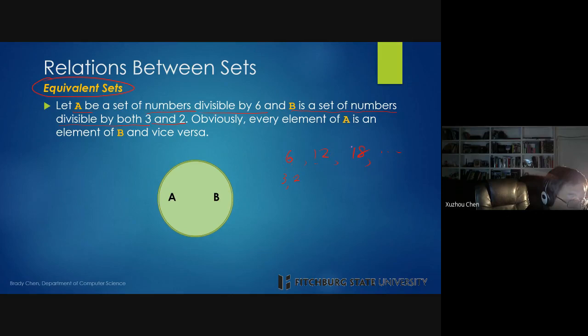Each number divisible by 6 is divisible by both 3 and 2. So technically, set A and set B are the same set, right?